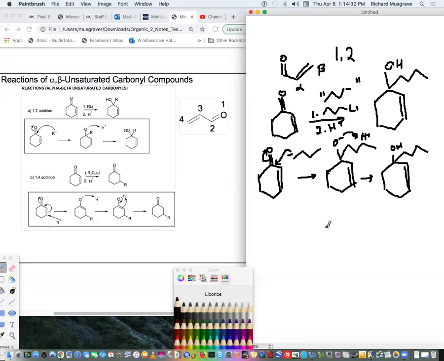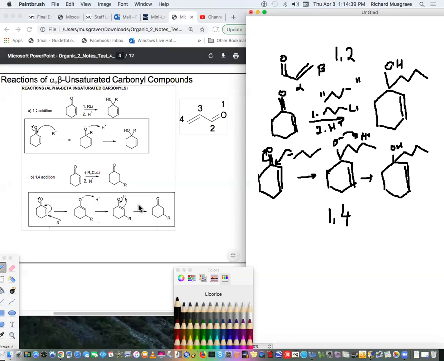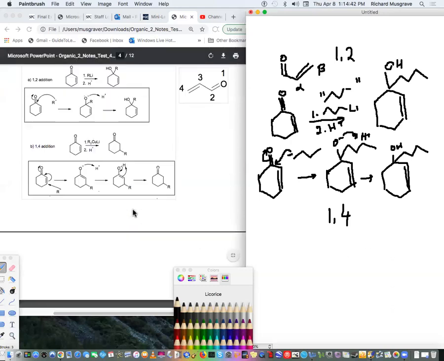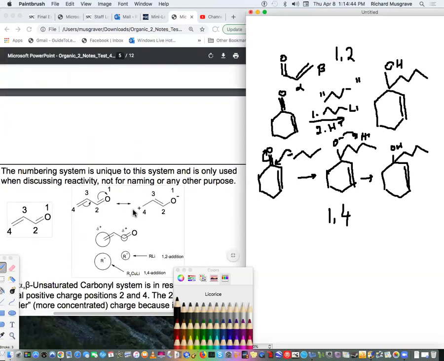Now, let's say we change the reagent, and now what we're going to get is 1,4 addition. Now, I did have an explanation as to why this happens, and it has to do with the fact that if we look at resonance of the alpha beta carbonyl system, the 1, 2, 3, 4 system here, what can happen is that the electrons can move so that we end up getting a partial positive charge at the 4 end, right?